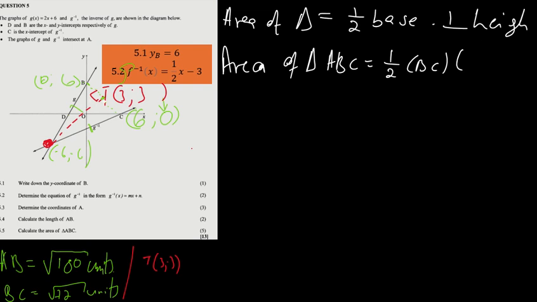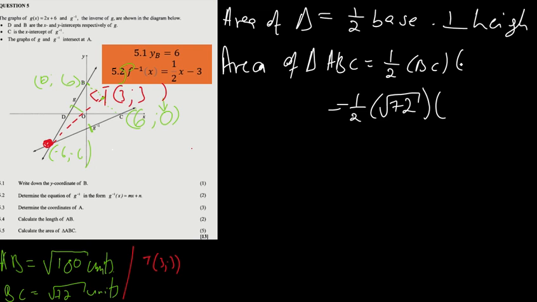This is our perpendicular height, AT. So it's 1 over 2, BC, here is BC. You just substitute the square root of 72.